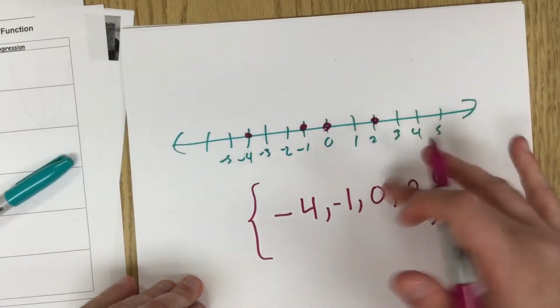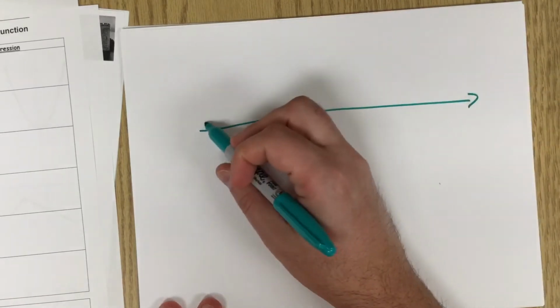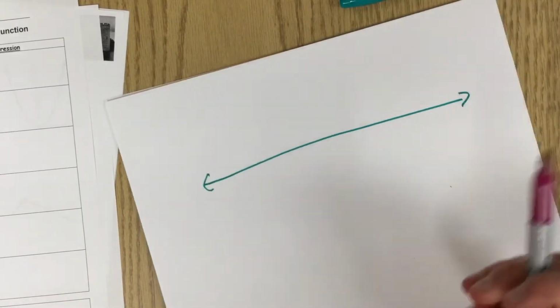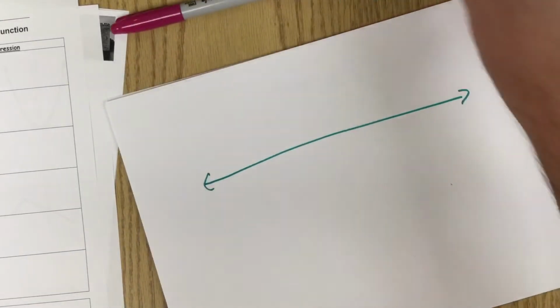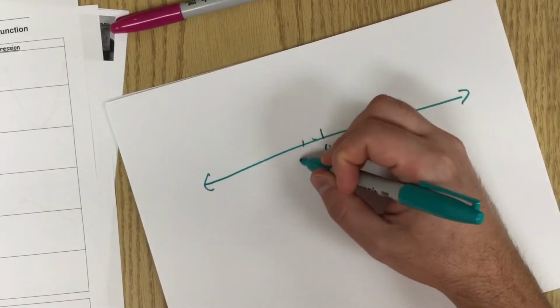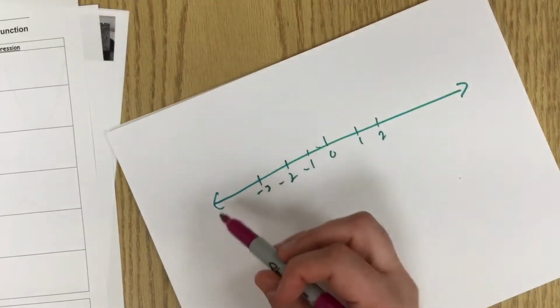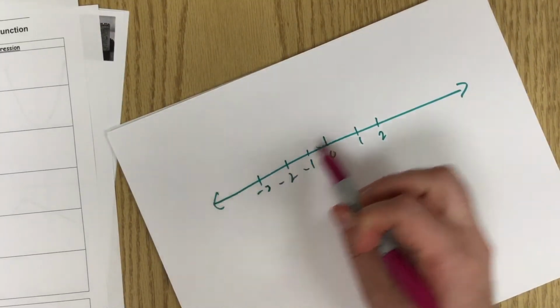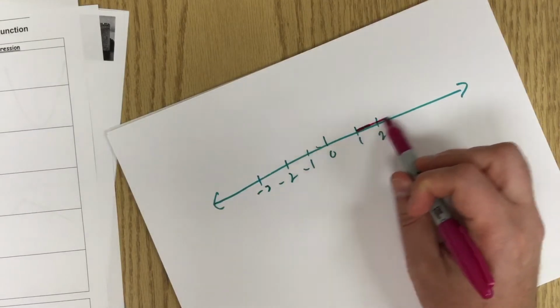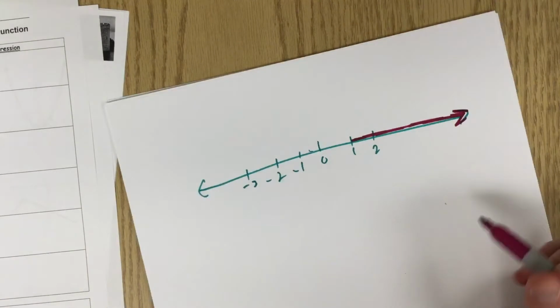And if I put more points, I can just put more numbers, and that's pretty straightforward. But let's say this is my number line, and this is our 0, 1, 2, -1, -2. Let's say I want to describe the numbers from 1 all the way up to infinity.